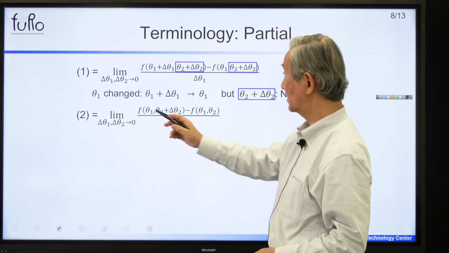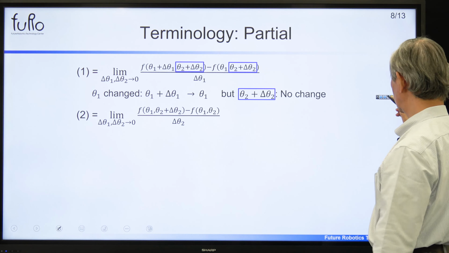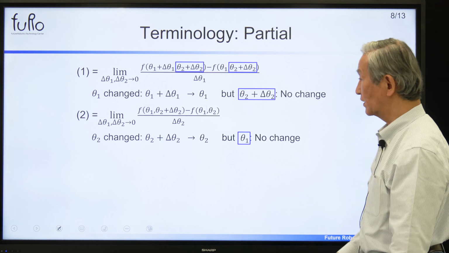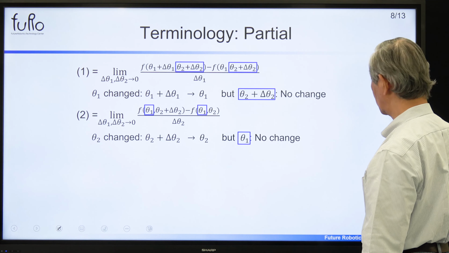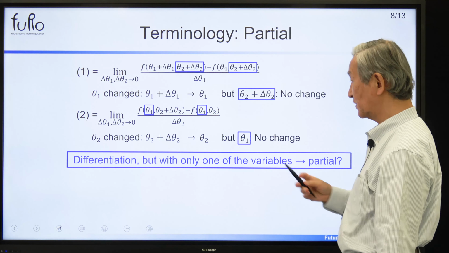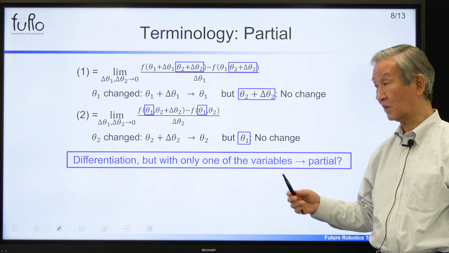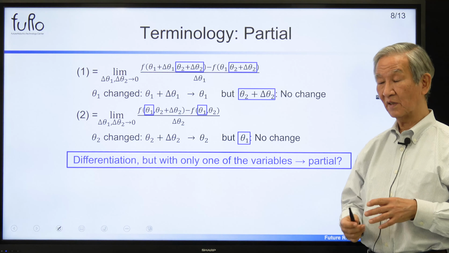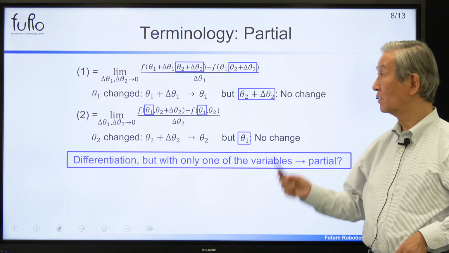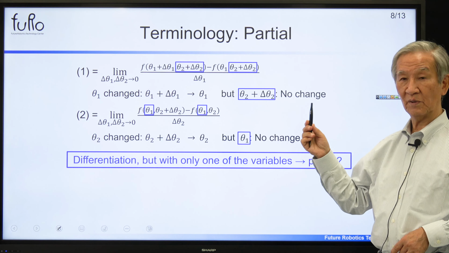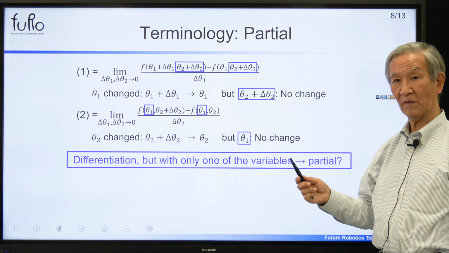In one, theta 1 changed, but theta 2 not changed. In the second one, theta 2 is changed, but theta 1 not changed. So differentiation, but with only one of the variables. But even if you have many joints, you can do this repeatedly to come up with only one variable.